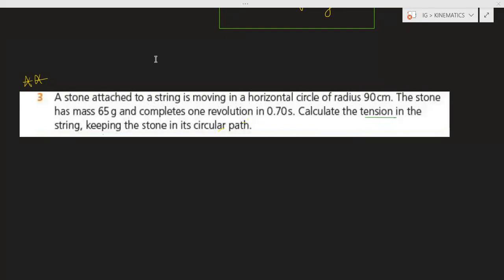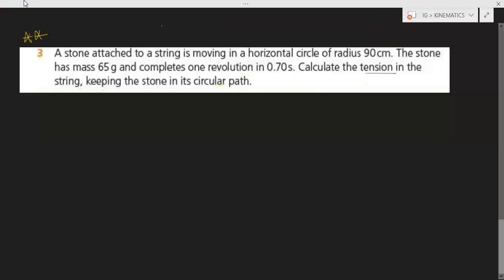Okay, I am solving now. Now see the question. Very good question, I will say. A stone attached to a string is moving in a horizontal circle of radius 90 centimeter.